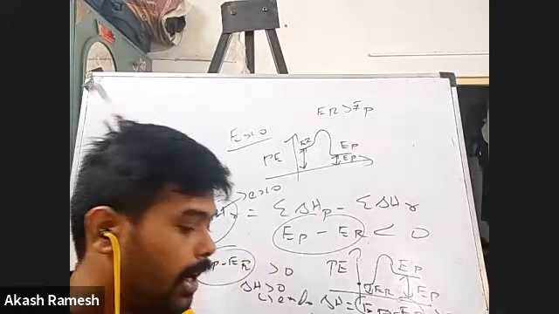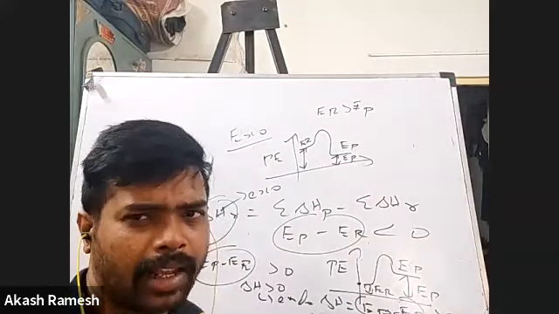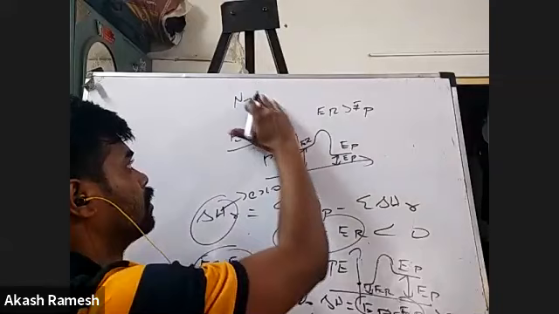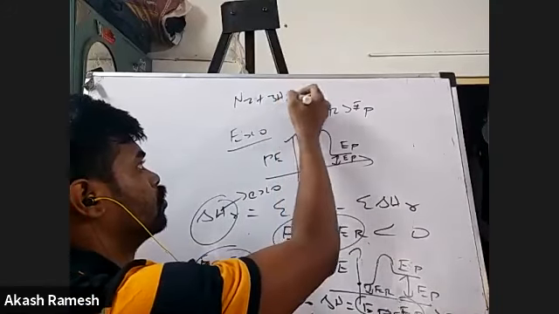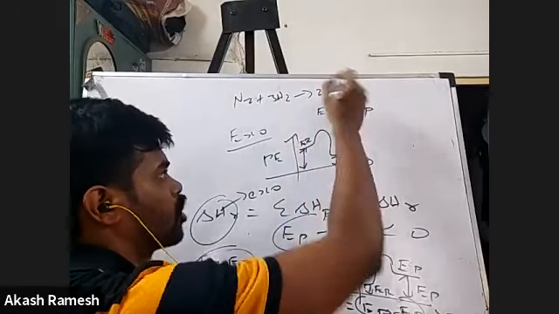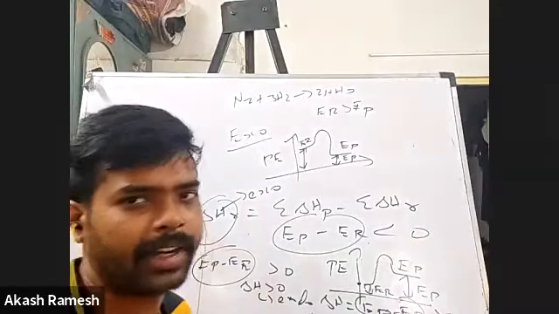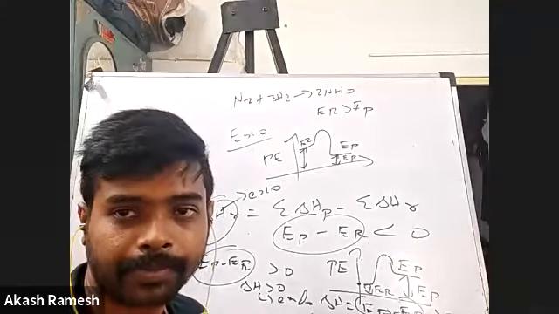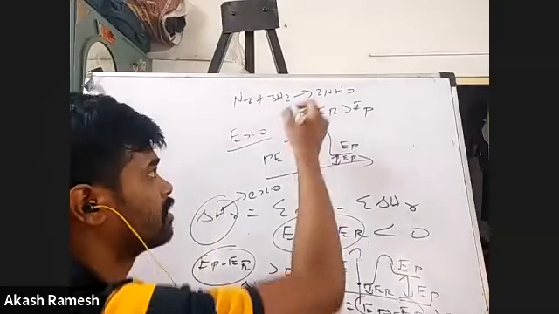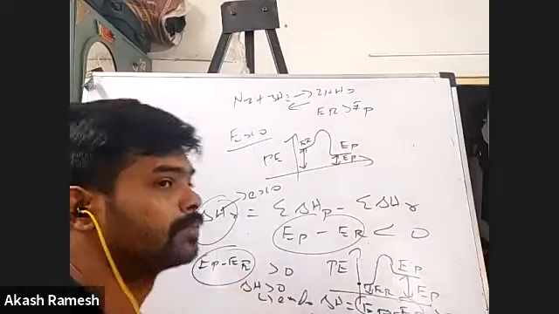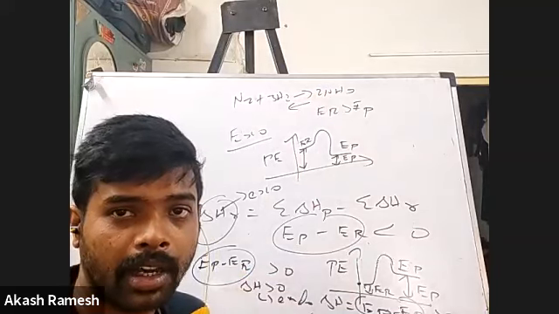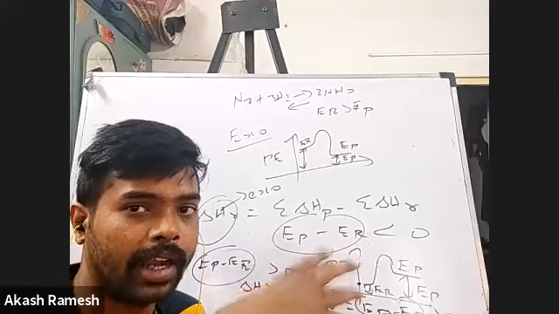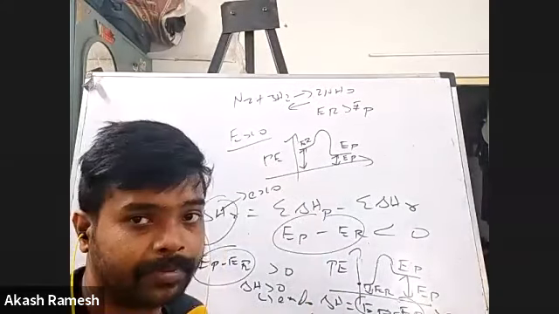Now let me take a reaction like this: N2 plus 3H2 giving 2NH3, the formation of ammonia. The stoichiometric coefficients don't matter. I know this reaction is reversible, which means nitrogen and hydrogen can form ammonia, and ammonia can form nitrogen and hydrogen.